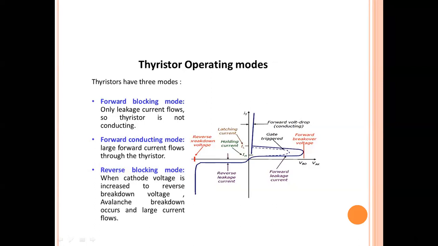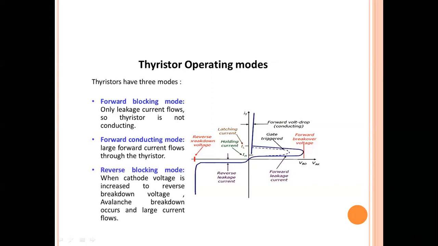So first, as I said, positive voltage is going to be applied across the device. When positive voltage is applied across the device, junctions J1 and J3 are going to be forward bias, and J2 is going to be reverse bias. In this particular case, leakage current is going to be flowing.